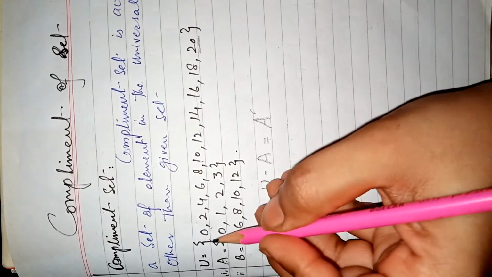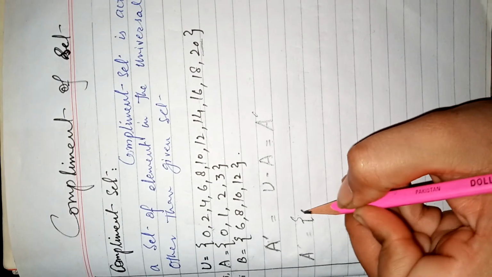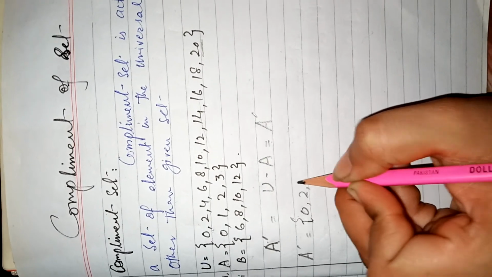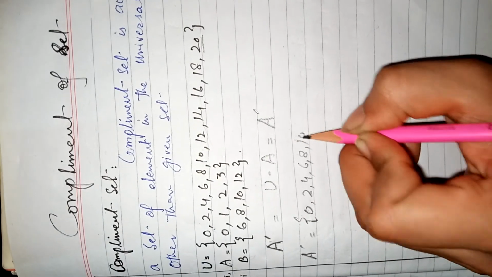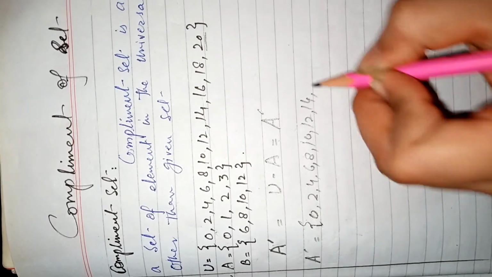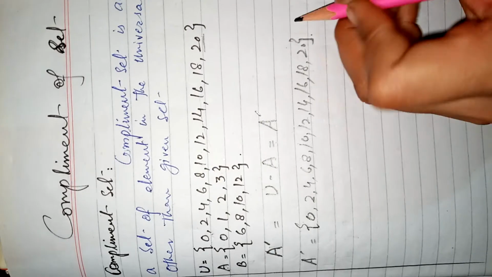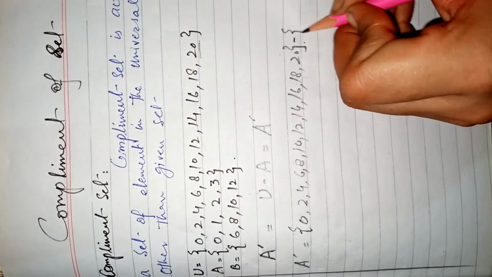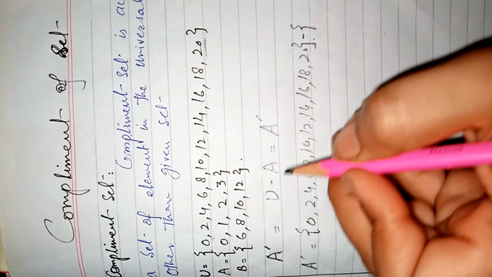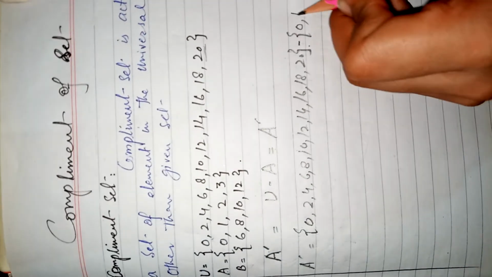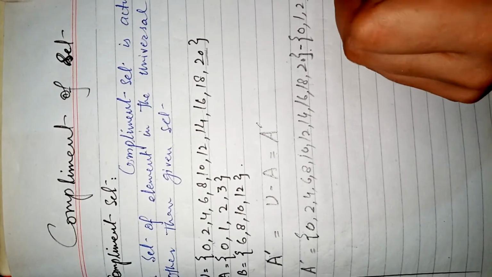So we will write the universal set U, which has 0, 2, 4, 6, 8, 10, 12, 14, 16, 18 and 20, minus A. In set A we have 0, 1, 2 and 3.